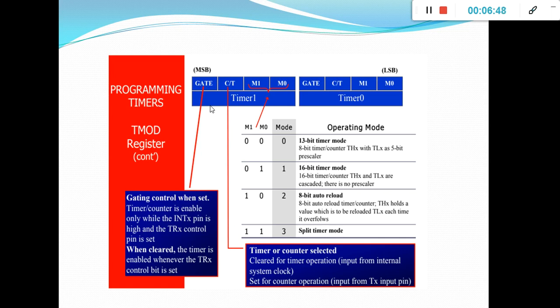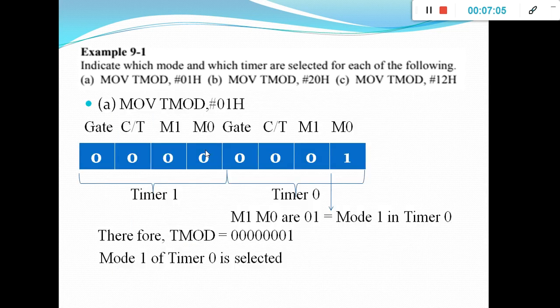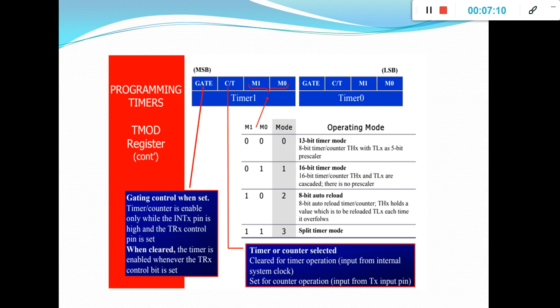I told you that now you have to start the timer using software. So how can you write the instruction for that? This is achieved by the instruction SETB, set bit. SETB is the instruction to start the timer. CLR, clear, is to stop the timer.